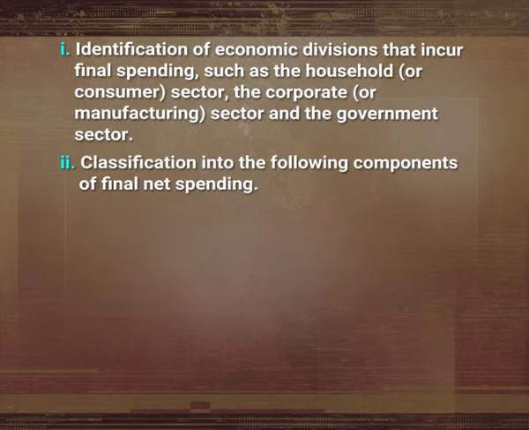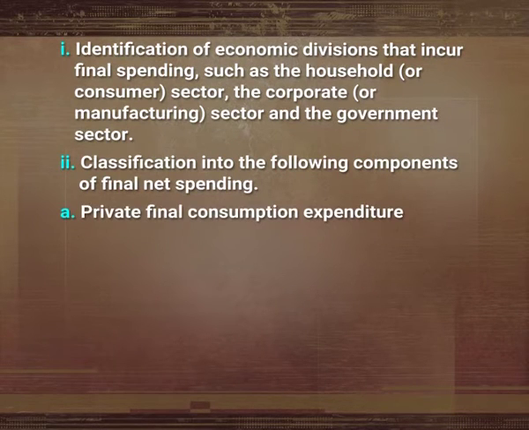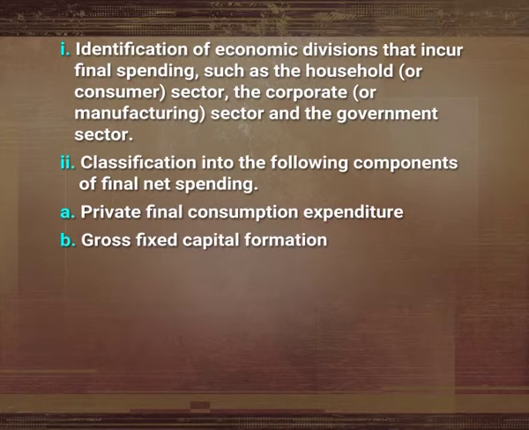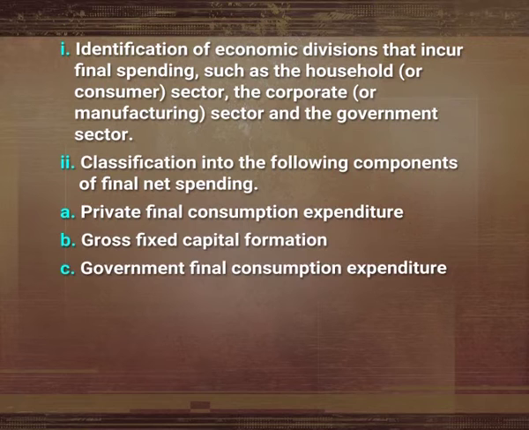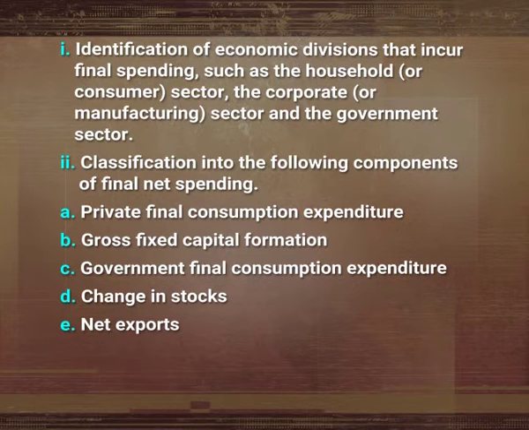Point number 2, classification into the following components of final expenditure: A, private final consumption expenditure, B, gross fixed capital formation, C, government final consumption expenditure, D, change in stocks, E, net exports.